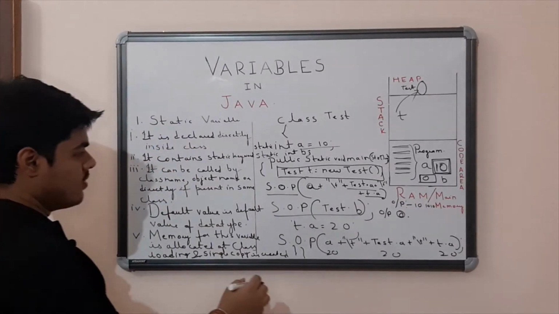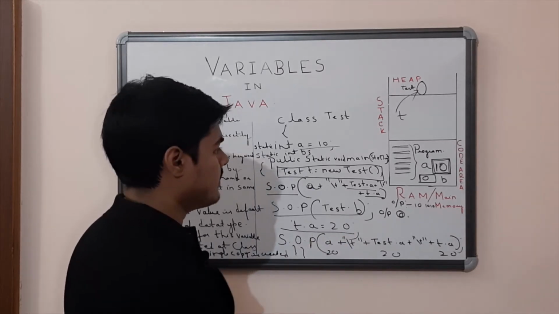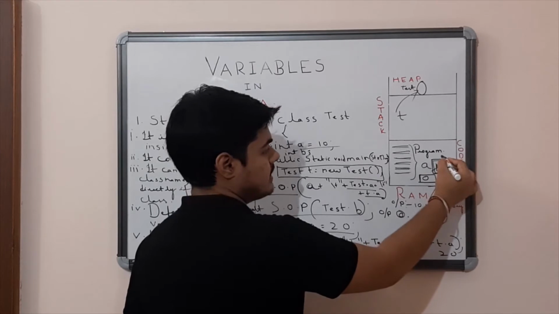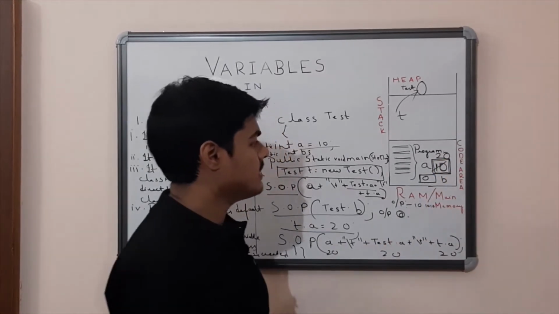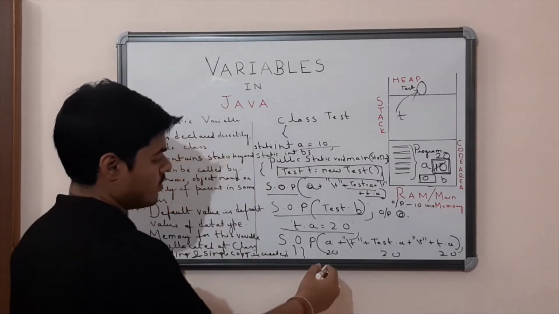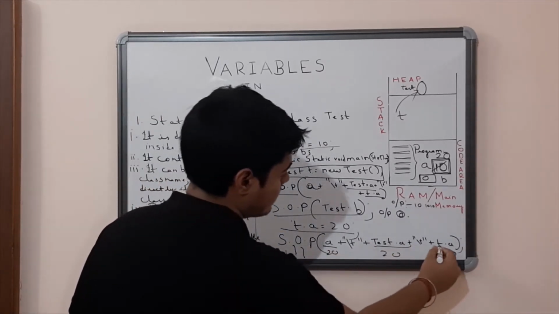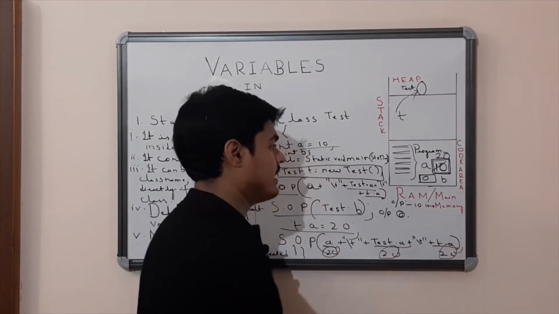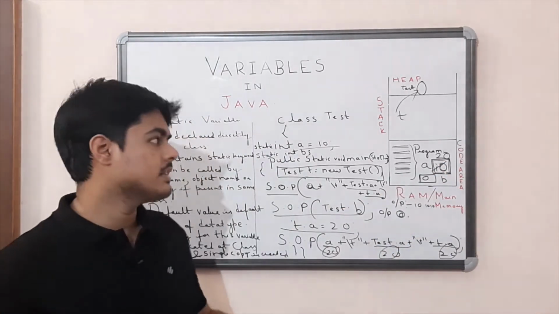Now suppose you are changing the value of the variable by accessing it with the object name and reinitializing it with 20. Now if you access it directly or by class name or object name, all will display the output 20, which proves that there is a single copy of a static variable.